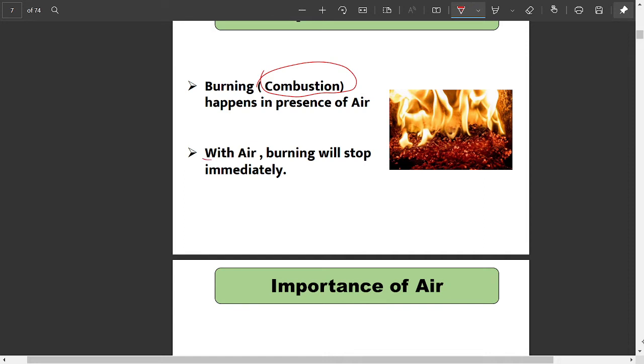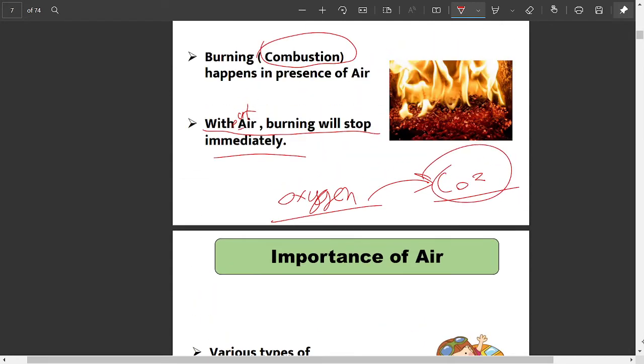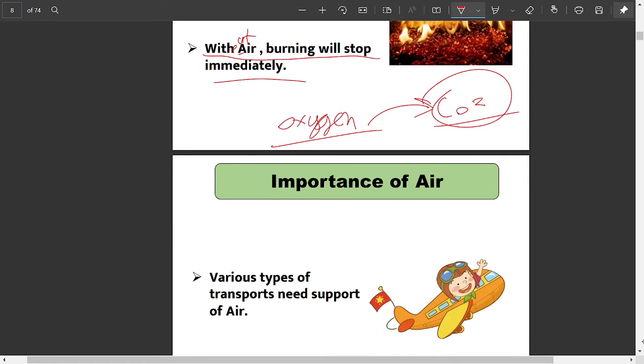Without air, burning will stop immediately. Which gas does it need? It needs oxygen and converts it to CO2, like we also do in our daily lives. So combustion also needs oxygen.